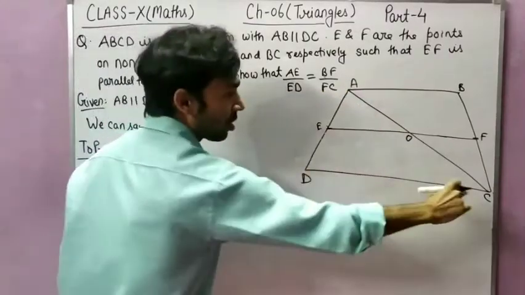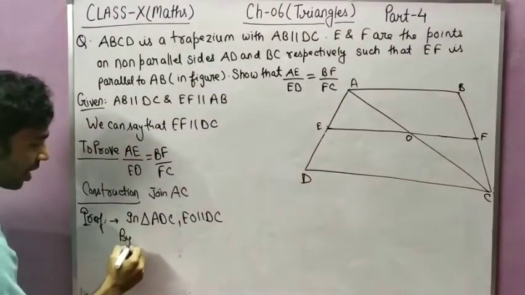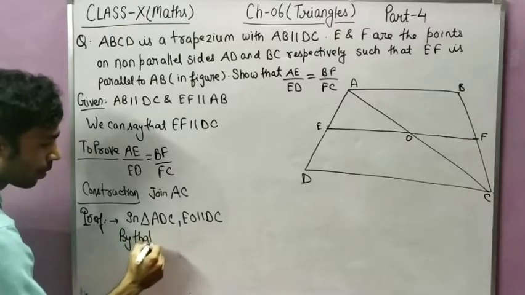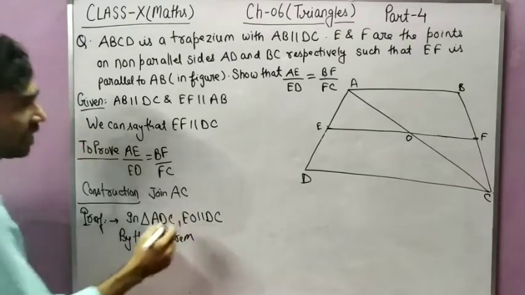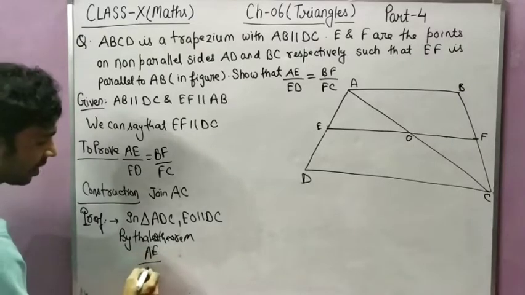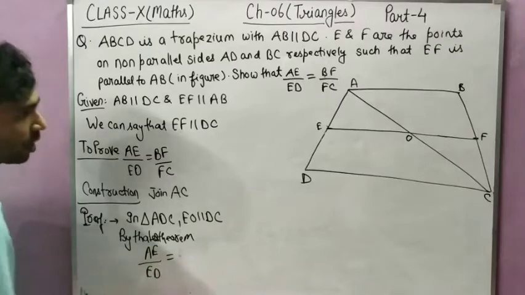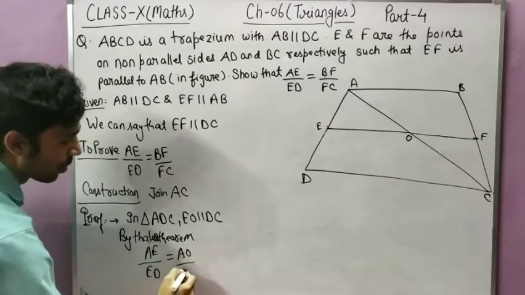So in this triangle, by Thales theorem, we can write AE upon ED is equal to AO upon OC.